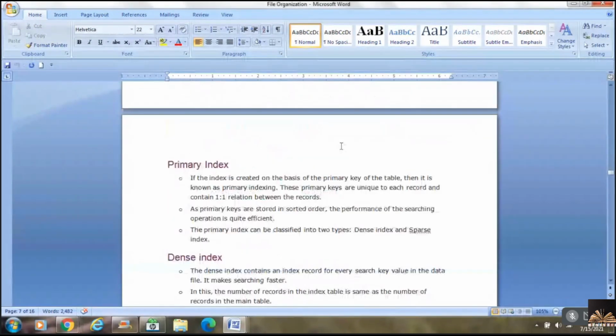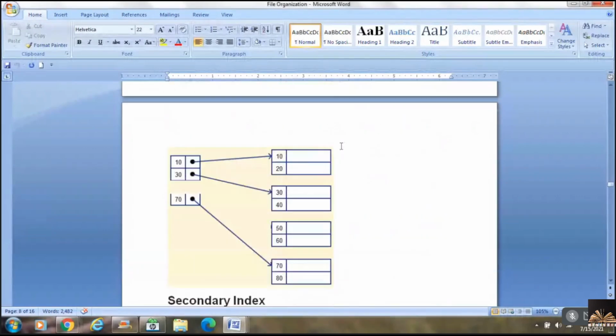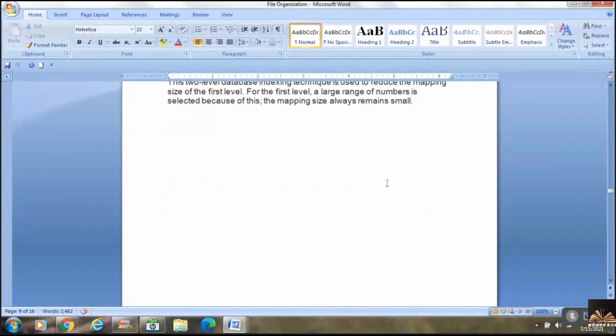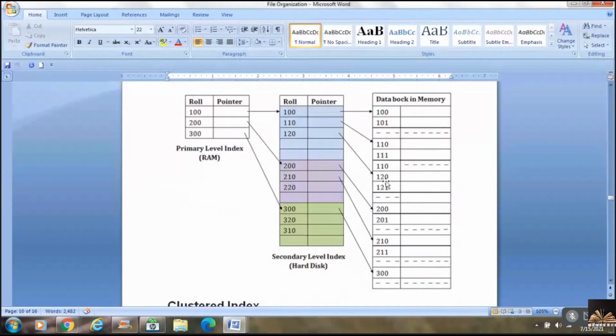So see, you're talking about the secondary index wherein you are just following levels. The first level, primary level, secondary level, and then the main blocks, main data that is stored in blocks of memory.